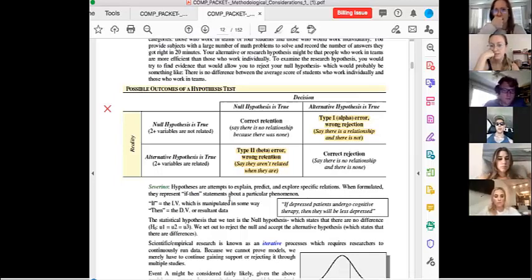The concept of it makes sense, but you know how sometimes they'll put a graph where the type 1 and type 2 error is confused with the graph?